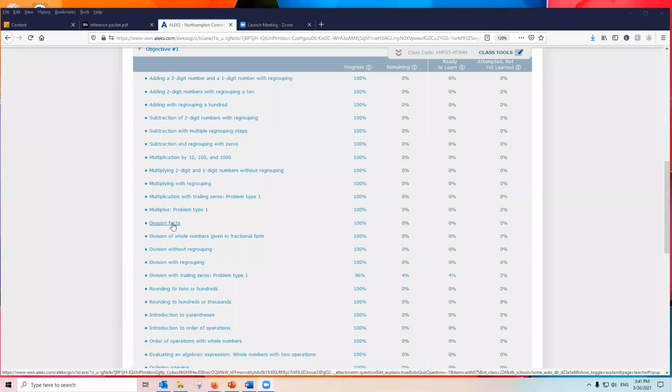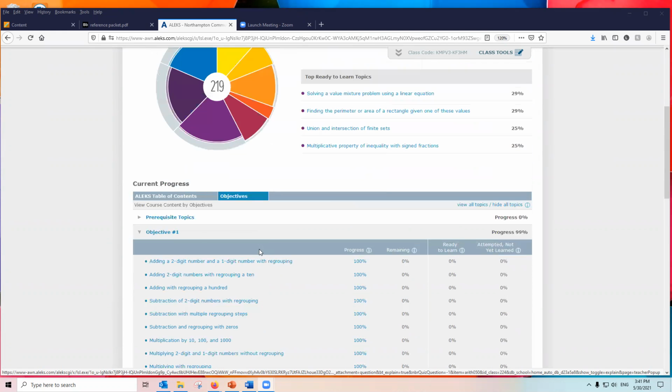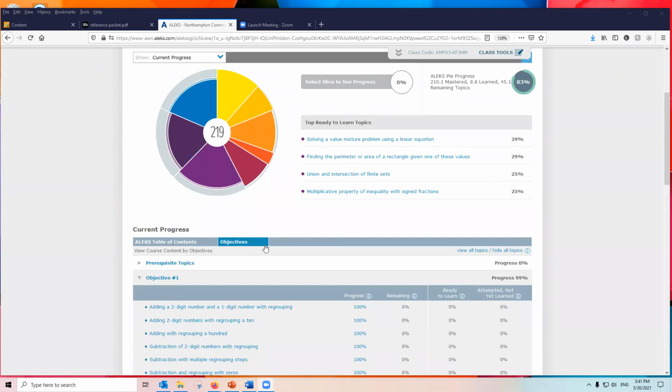Now, one comment is that one of the first things you're going to do in the course is take what's called the initial knowledge check. When you take the initial knowledge check, you might demonstrate to ALEX that you know how to do some of these topics. So some of these topics might not be applicable to you, meaning ALEX has taken these topics off of your pie.